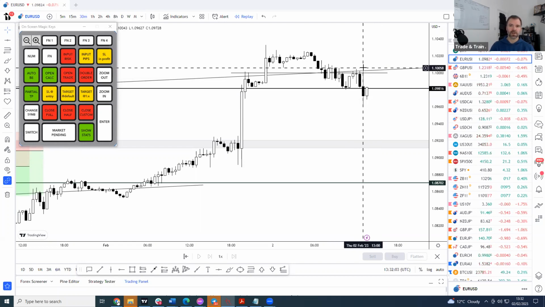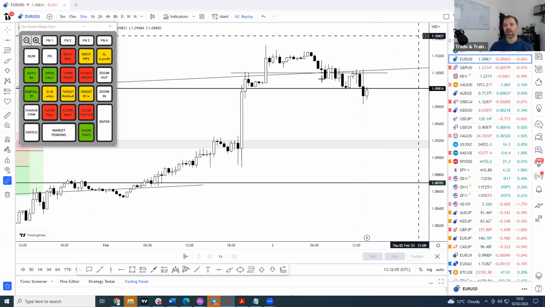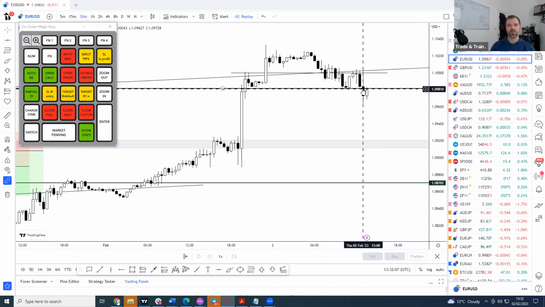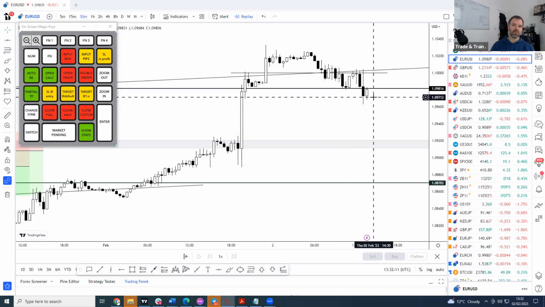So my stop, I'll move it now just above that high. But this is exactly what I was talking about. You want a better entry, and now if it breaks its own low, then see, that's already in profit now. That trade's already in profit, 2 pips, 3 pips, 3.5 pips, 4 pips.